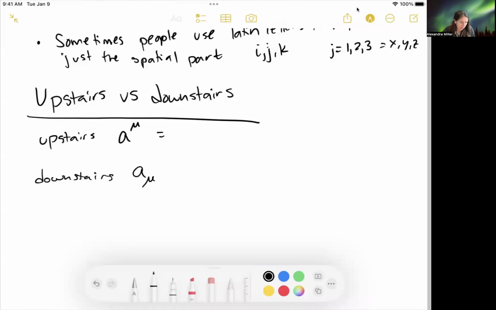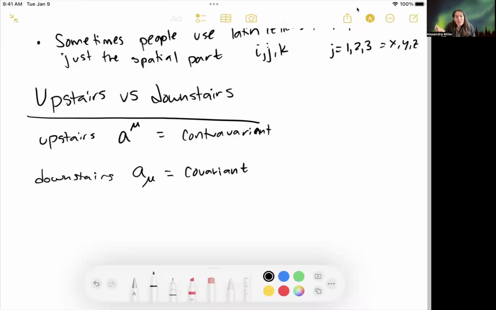There are common names for these, which are contravariant and covariant. So often this will be referred to as a contravariant vector and a covariant vector for upstairs and downstairs.